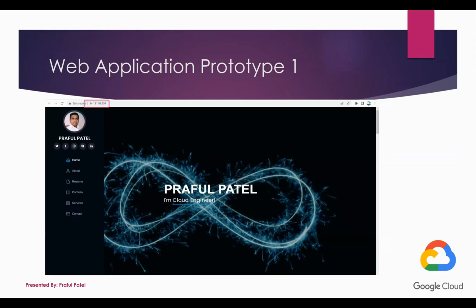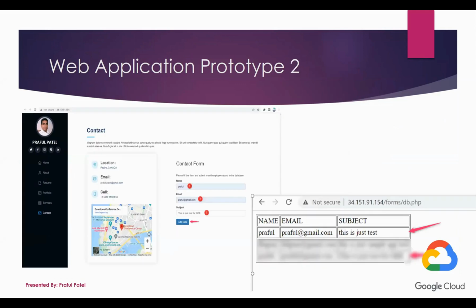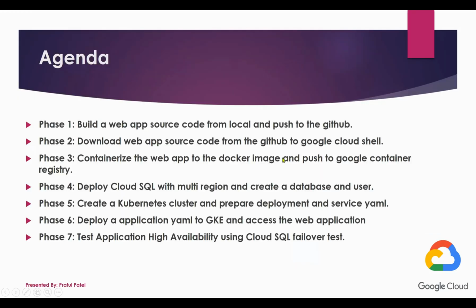This is the home page, and this is the contact us page, which is a dynamic page through which we will insert some data from the front end web page, and it will pass the data to the Cloud SQL backend. Once it is inserted successfully, it will look like this, as shown on the right side. So that's it for this.